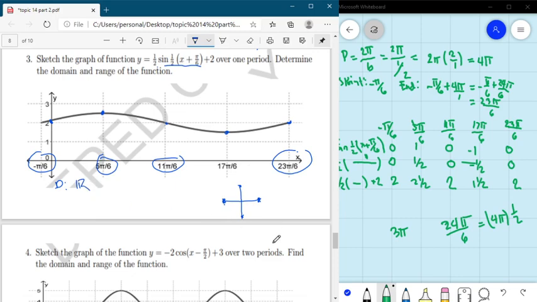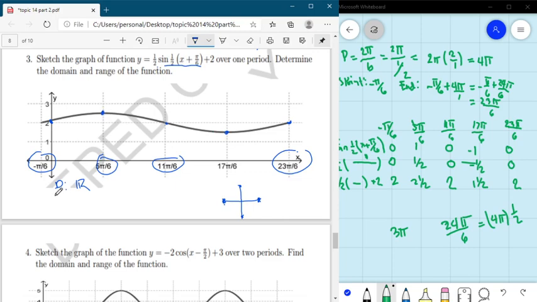Okay? Your range: looking at the whole graph, it is periodic. Its minimum is at 1 and 1/2, and its maximum is at 2 and 1/2.